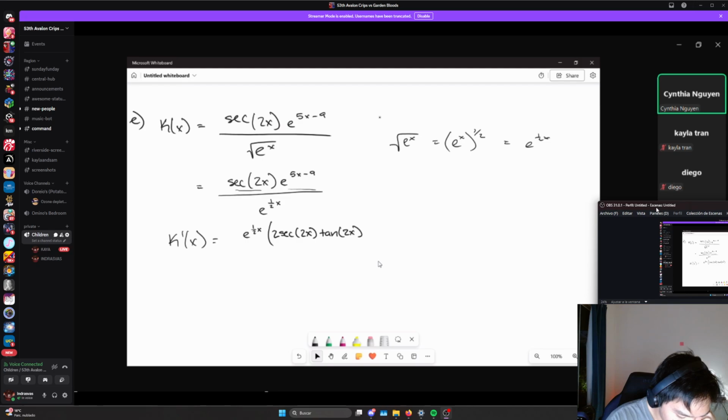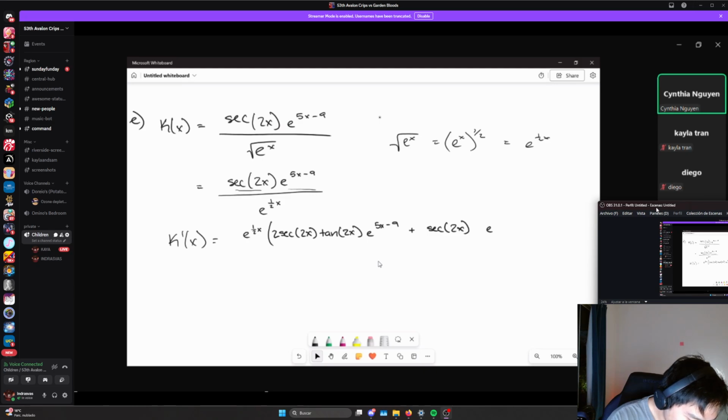Derivative of the first times the second, so this e to the 5x minus 9 stays the same. Now we can add the second part of your product rule: the first times the derivative of the second. The first is your secant of 2x times the derivative of e to the 5x minus 9. The derivative of e to the x is just itself, and it's chain rule.